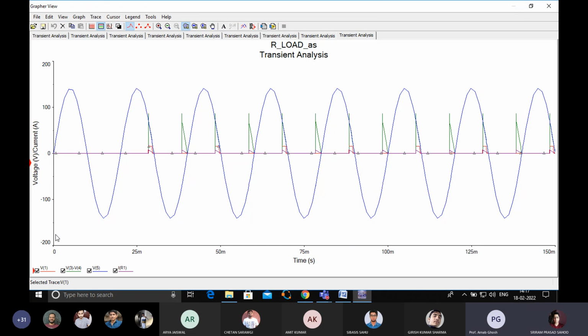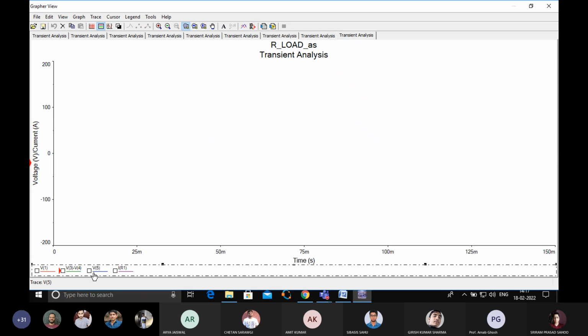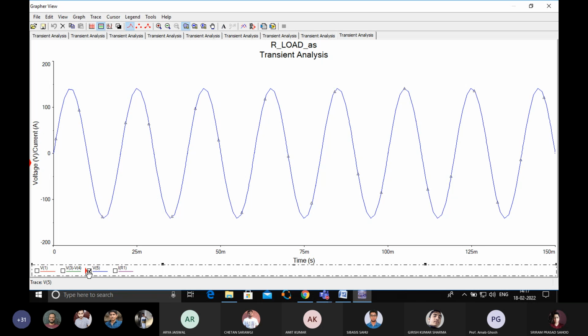This is the input voltage. These are the gate pulses. And this is the output current.